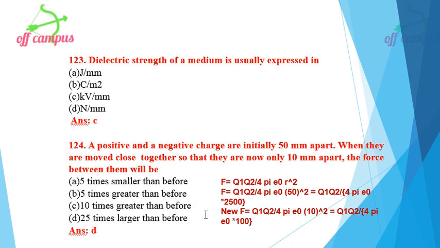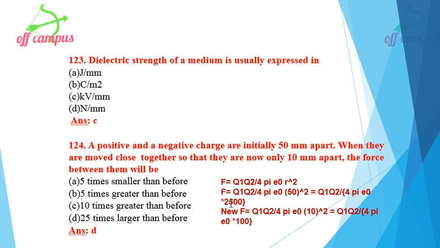Then what is the new force? The distance is changed to 10, so just change the distance squared. 10 squared is nothing but 100. So what is the change here?